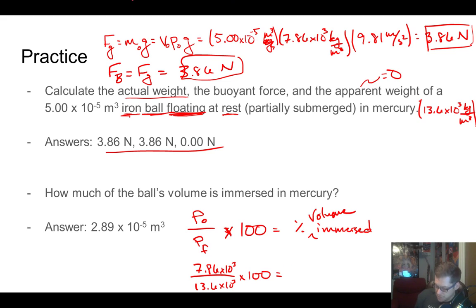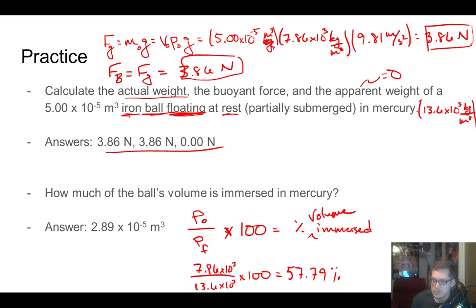So we say 7.86e to the third divided by 13.6e to the third, times 100. So that means 57.79% of our object's volume is submerged.